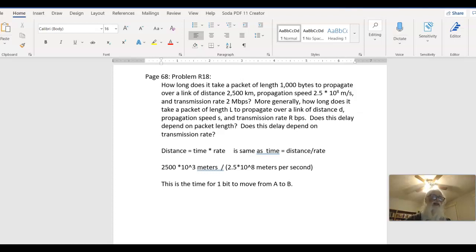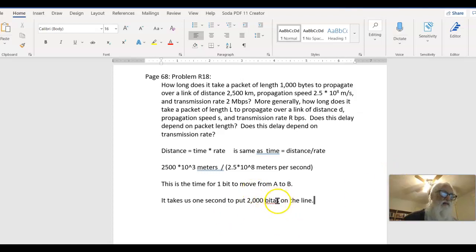We have to put the bits on the line. So at 2 megabits per second, it takes us 1 second to put 2,000,000 bits on the line.